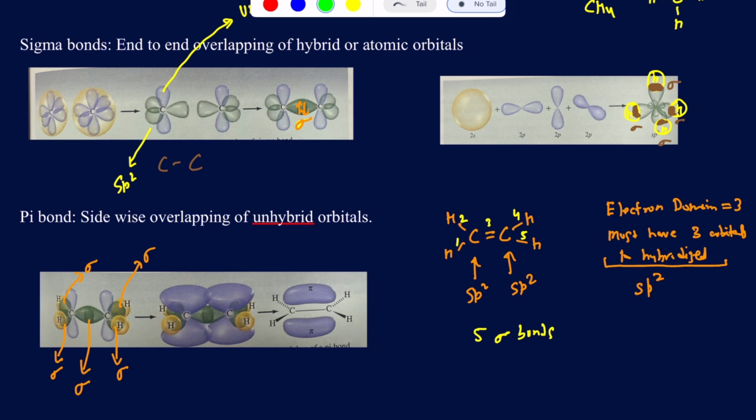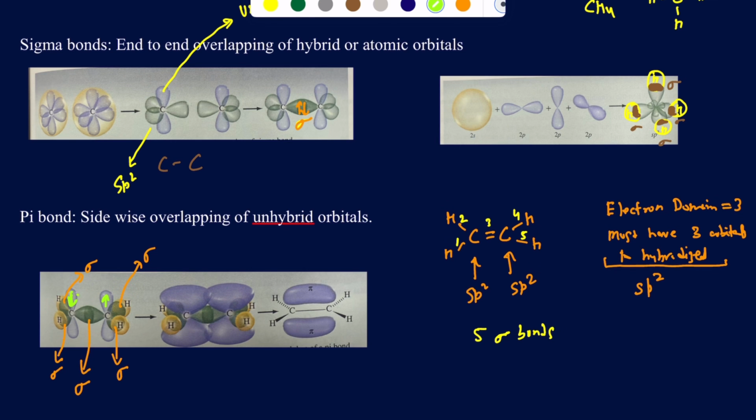And then how is the pi bond going to be made? Let's talk about that. You have these unhybridized p orbitals on each of those carbons, each carrying one electron. I have one electron right here and one electron right there, with opposite spins so that they can overlap. Right now you see those are kind of far away from one another, but in real life, at the microscopic level, these orbitals are fairly close, and they sidewise overlap.